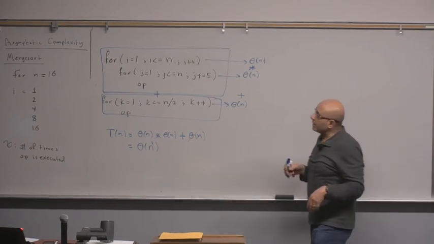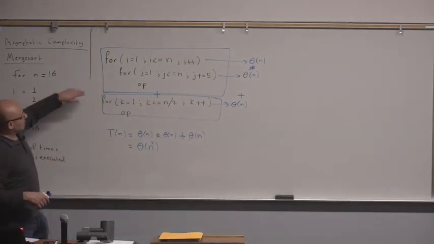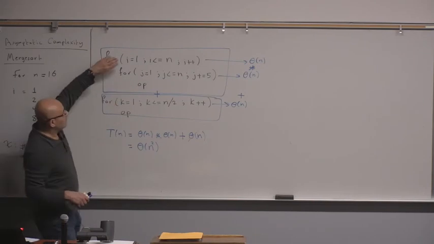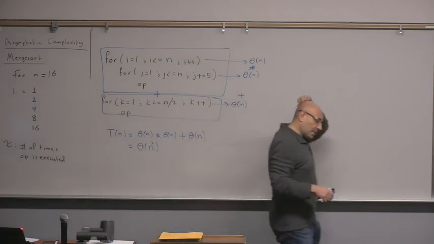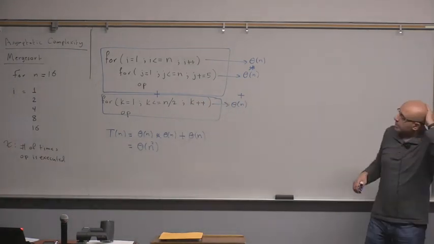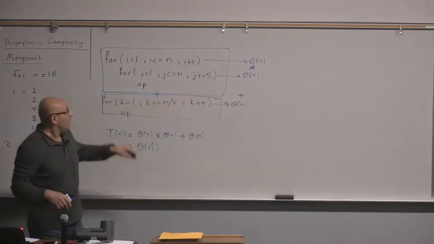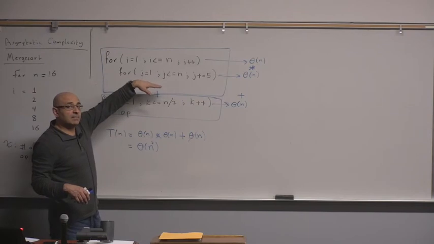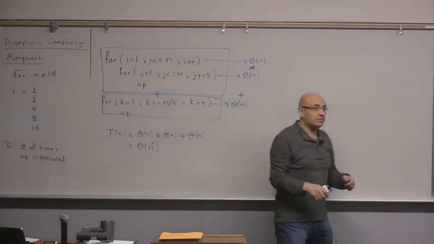But if there are nested loops, then you multiply. Of course, multiplication will not always be the solution, because as we have seen in insertion sort, if the number of executions of the inner loop is not always the same, then we'll have to do a summation like we did with insertion sort.